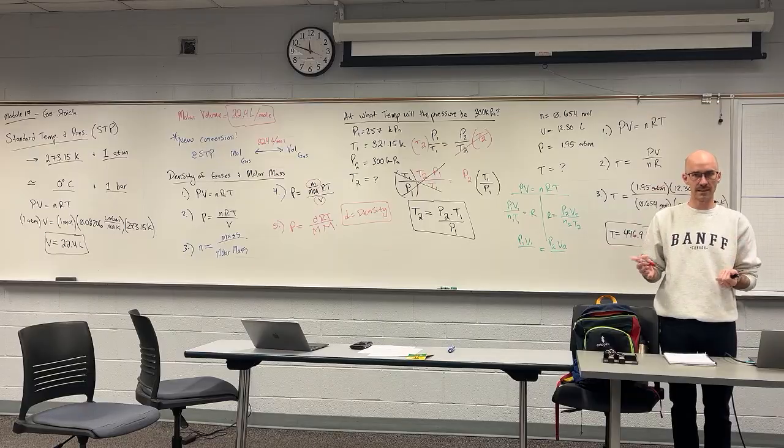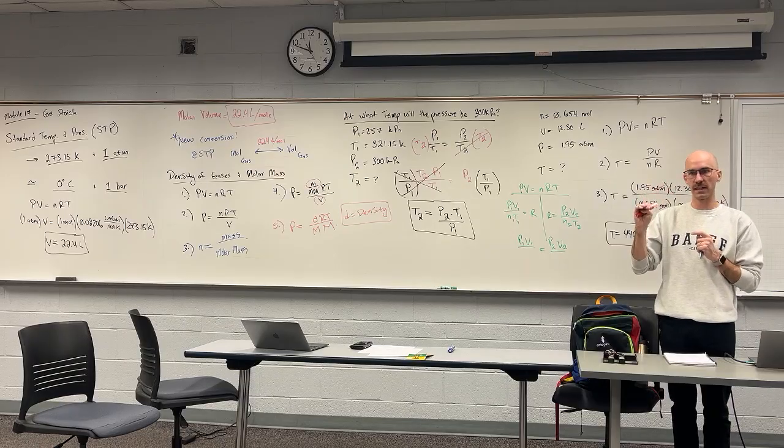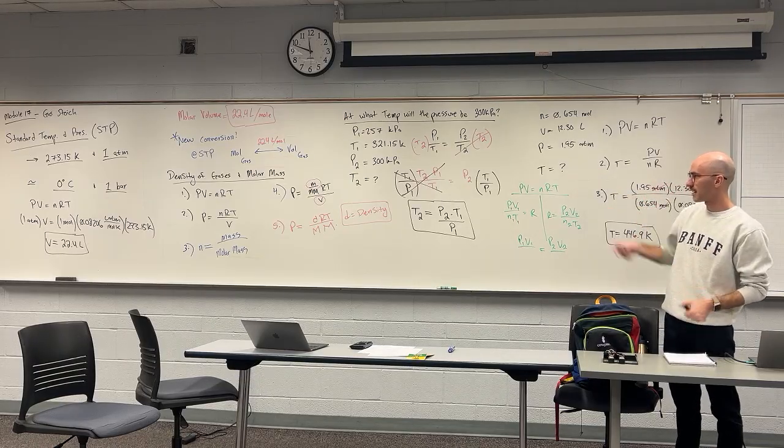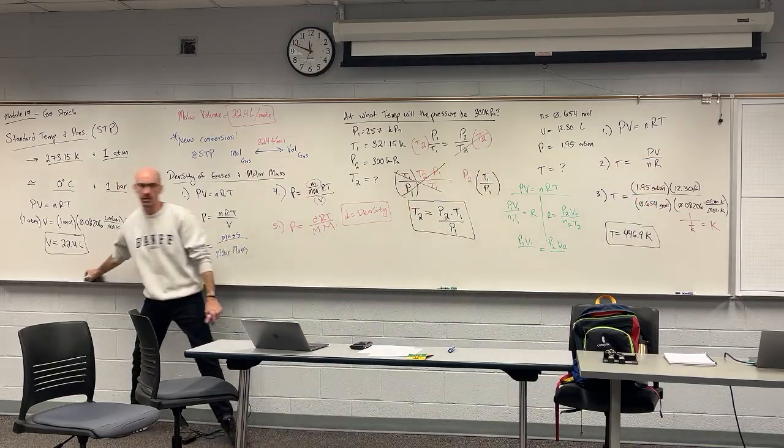Do you guys agree that density is mass per volume? So I can actually abstract that m and V and write it as just density. And now I've got density times RT over the molar mass is equal to the pressure.